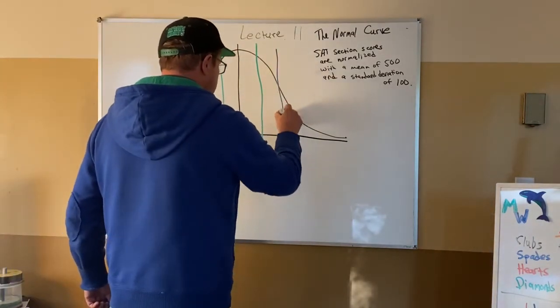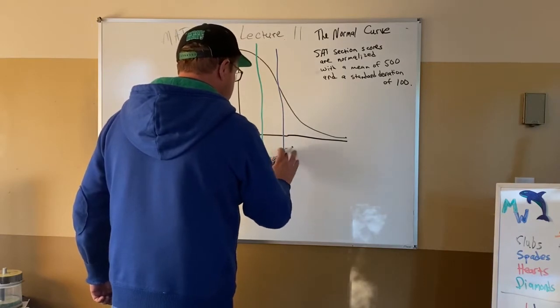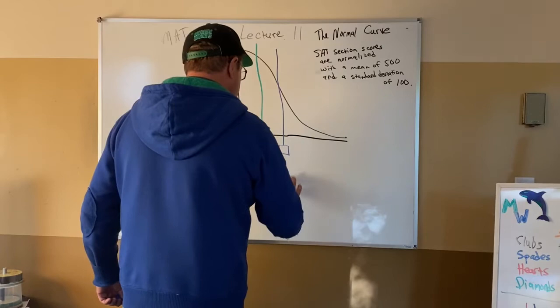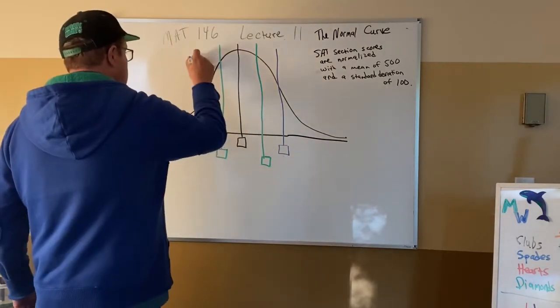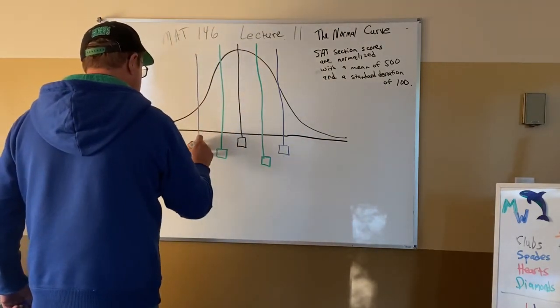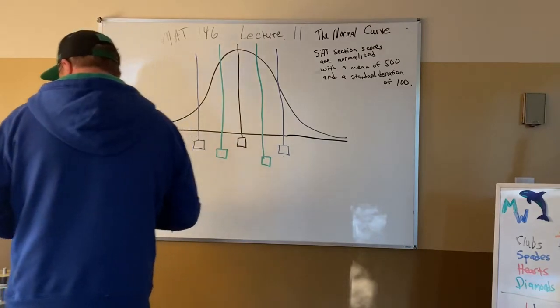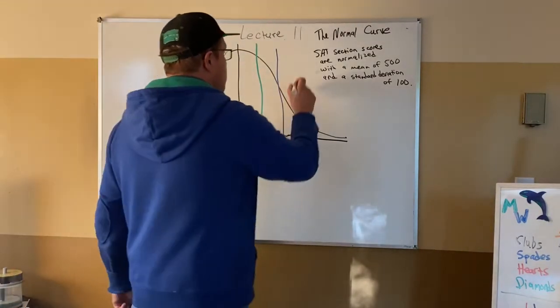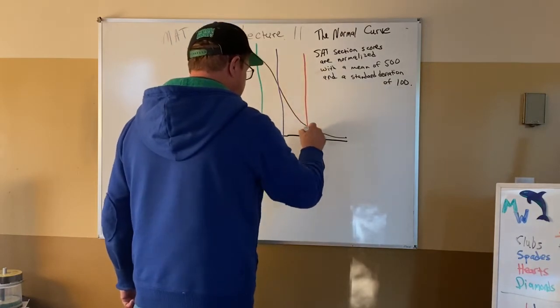Should be about the same width every time. I'm not perfect at doing this. Actually, I got room up here. And then their concern is, you know what? Let's just do 3. Let's do that whole 99.7% of the data is between the red lines idea.